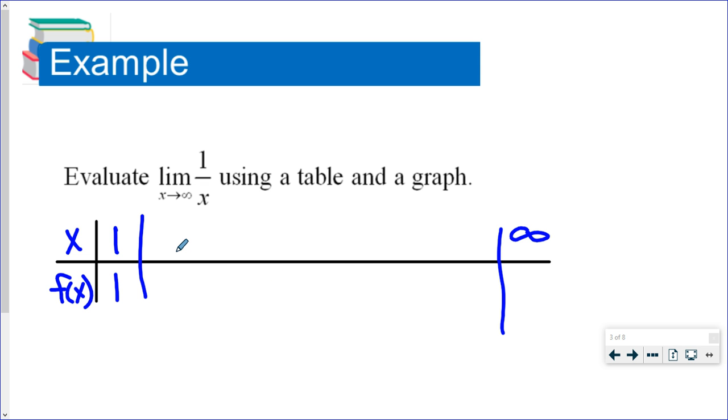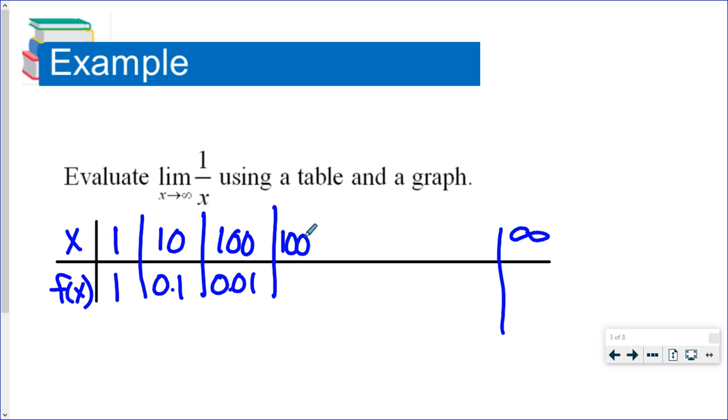What about if I plug 10 in for x? 1/10, which is 0.1. What about 100? 0.01, which is 1/100th. What about, I don't know, 100,000?